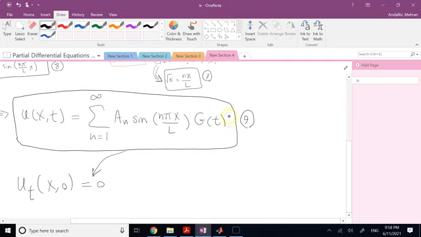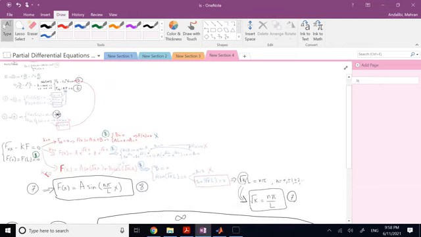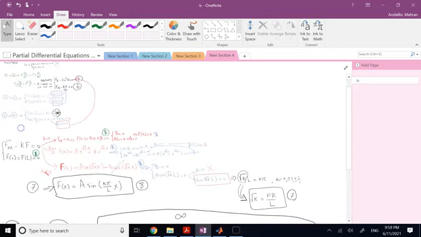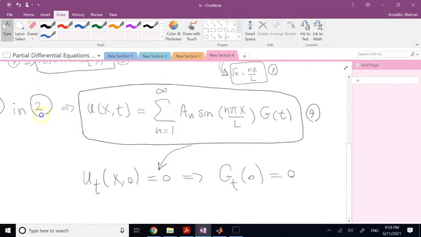That probably implies that the derivative of g with respect to time at time 0 is 0, right? If you just look at here and plug it right here, that means g of t at time 0 has to be equal to what? 0. And that's the same thing as what we found earlier, right?